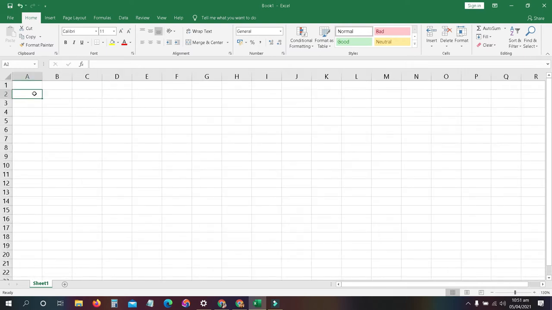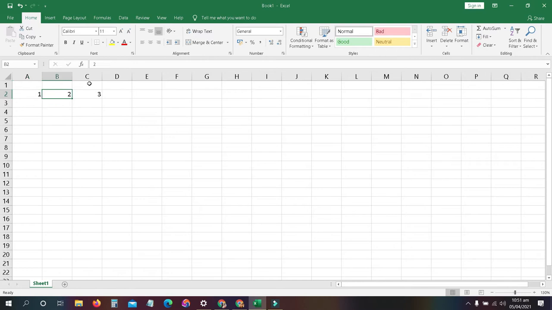For example, we will be using this one and this one. So that's an example of relative cell references. One thing about relative references is that when you change the cells it refers to, specifically cell C2, it will adjust automatically.